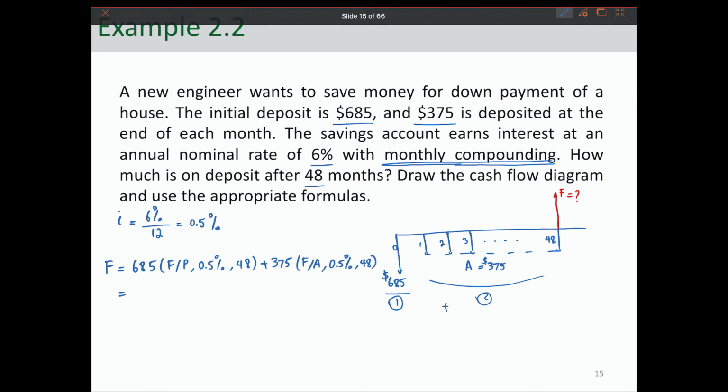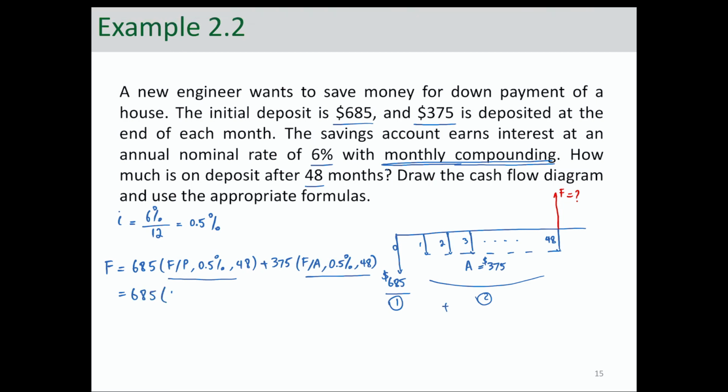And when you read these two factors from the table, you see that the first one is 1.27 and the second one is 54.098. These two factors can be read from the same table because they have the same interest rate. So when you go to the 0.5% interest rate table, you can read these two factors, F given P and F given A, in the row associated with n of 48.